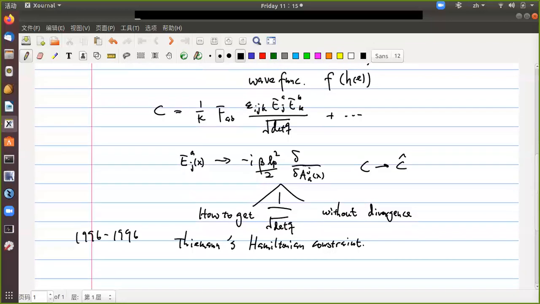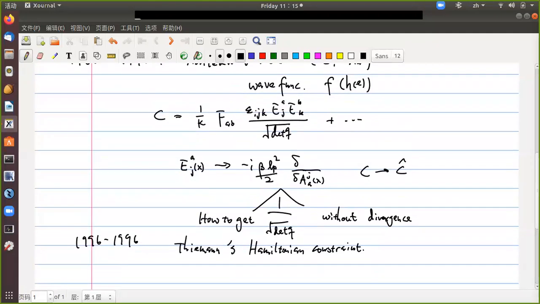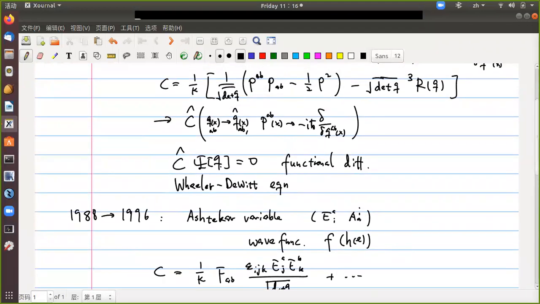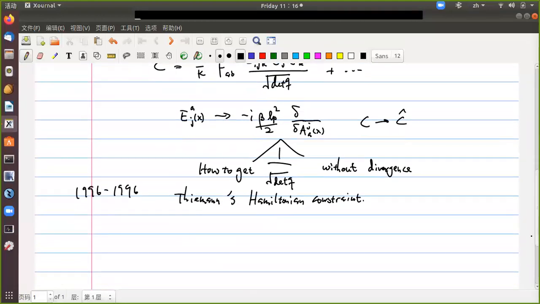It is really an advance that Thiemann could rigorously define this Hamiltonian constraint at the quantum level, quantizing it as an operator, making everything well defined on the Hilbert space. This is really a milestone of quantum gravity. Starting from Wheeler-DeWitt, people had no idea what this operator looks like, but now we are able to write it down.